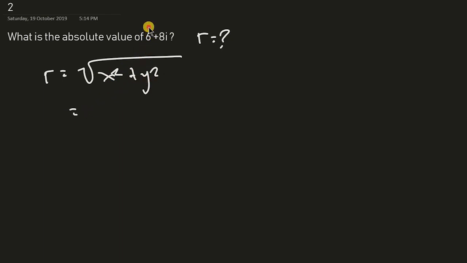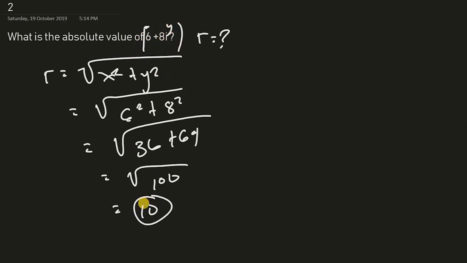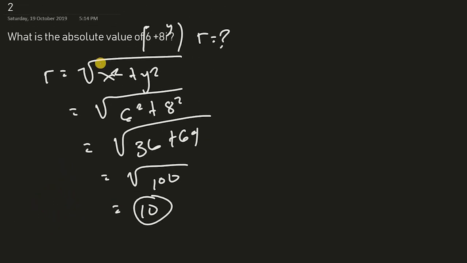So this is our x, this is our y. Square root of 6 squared plus 8 squared is equals to, that's 36, that's 64. 36 plus 64 is the square root of 100, and the square root of 100 is 10. So the absolute value of 6 plus 8i is actually 10. Let's check our answers. Tama, answer is 10. Alright? Absolute value, again, we are finding for r.